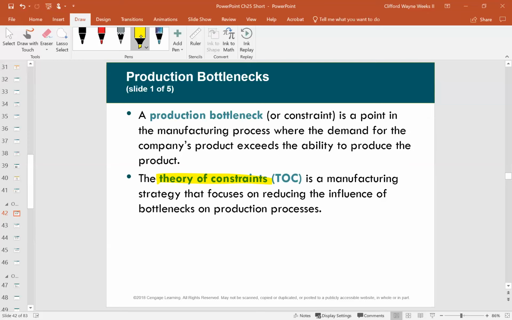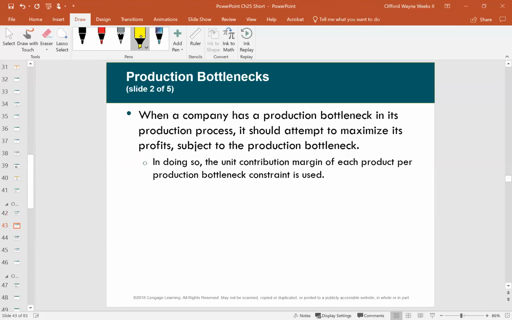He should have bought a smaller automated screen printing machine and bought an additional oven in order to cure those t-shirts because it was a bottleneck for him. And so, when a company has a production bottleneck, it should attempt to maximize its profits, taking into account that bottleneck.